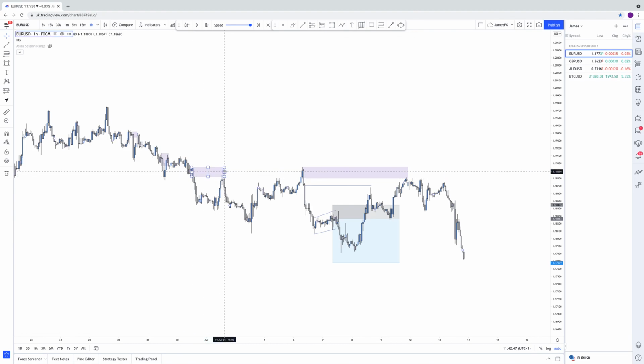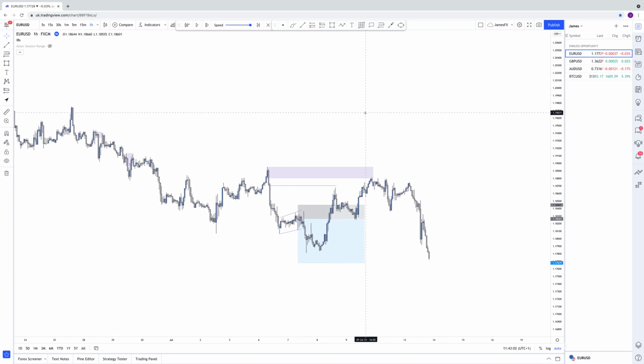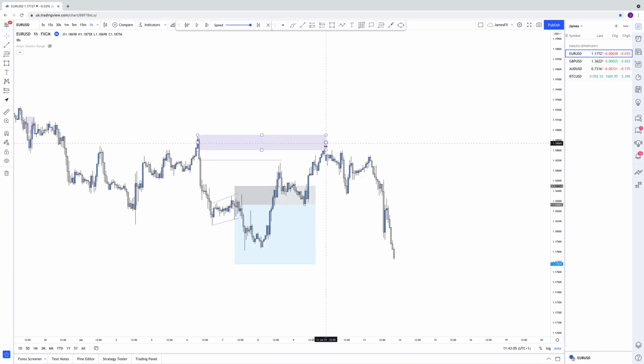We came in to wick it, but then we came in to mitigate fully to the 50%. Then we went short again, and we have the exact same thing here. We didn't come into the 50%, but we still look for entries within this. And if you didn't get involved with an entry in here, then what do we have next? We have another push up, break of structure here, and we have the last up close candle refined to this candle here. And we have entries within that, and then even more entries here.